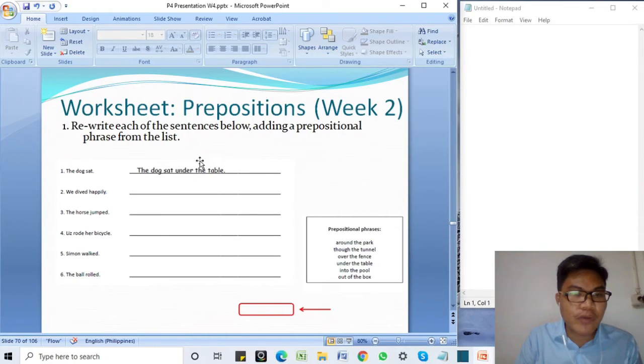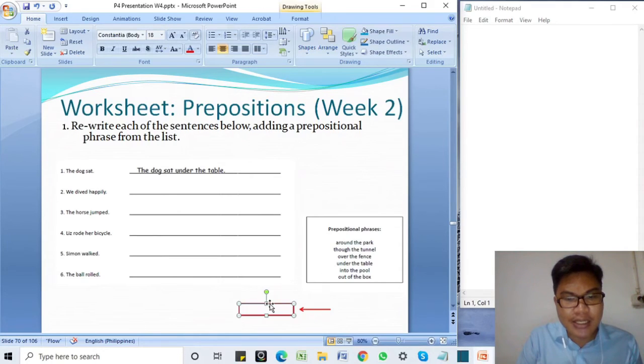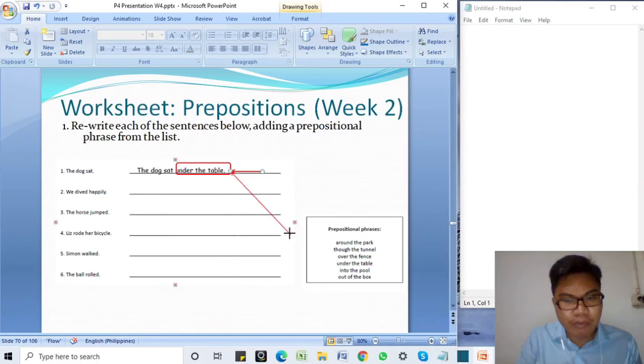I have also given you an example on number 1. The dog sat. So you have to find the correct preposition from these phrases. In this particular one, I have added under the table. So under the table came from the prepositional phrases here.